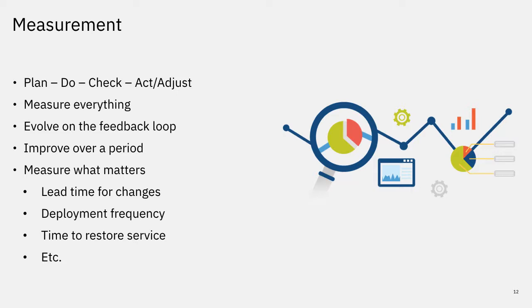There are organizations which measure everything from the traditional systems background and use the metrics that they have gathered for acting or adjusting their plans. Now, the plans evolve over a period of time. They're improved over a period of time, and then the overall process will evolve based on the feedback loop.